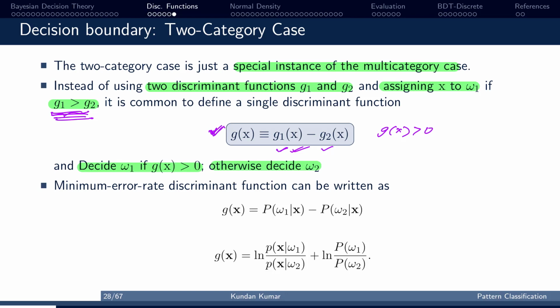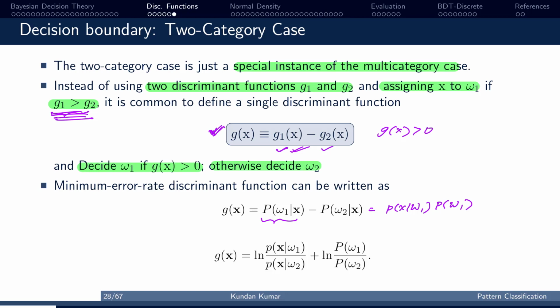Now we can expand this expression. This is the posterior probability, and we can write it as the likelihood times the prior probability.